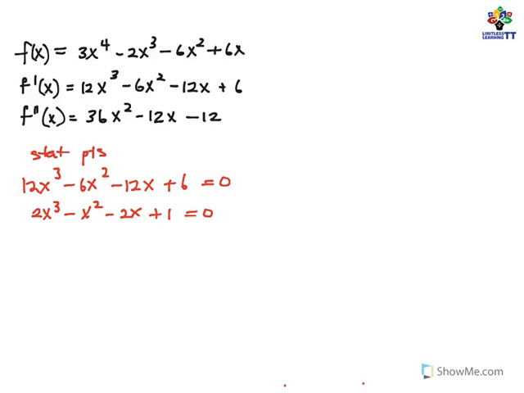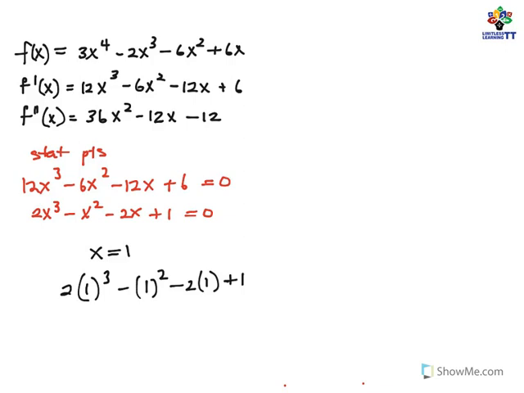Now, the first thing that you want to do is try a number to see if it would be a root or not. So my go-to in this case will be, because I know x equals 0 is not going to give me 0, I'm going to try x is equal to 1. So if x was equal to 1, that means I will have 2 times 1 cubed minus 1 squared minus 2 times 1 plus 1.